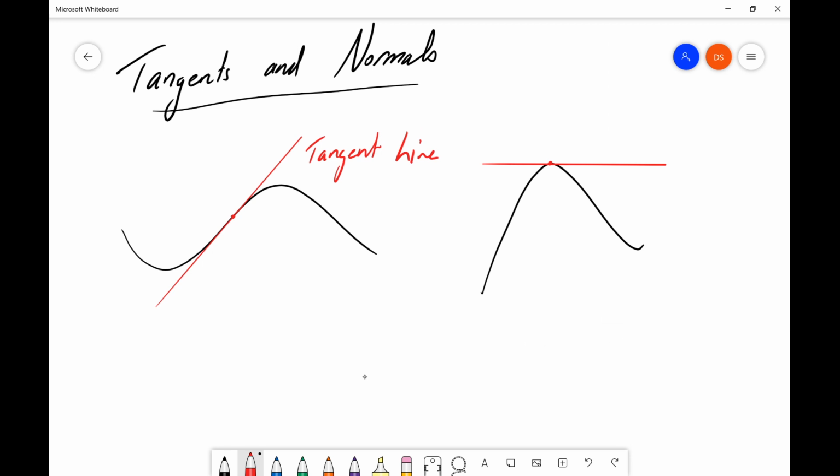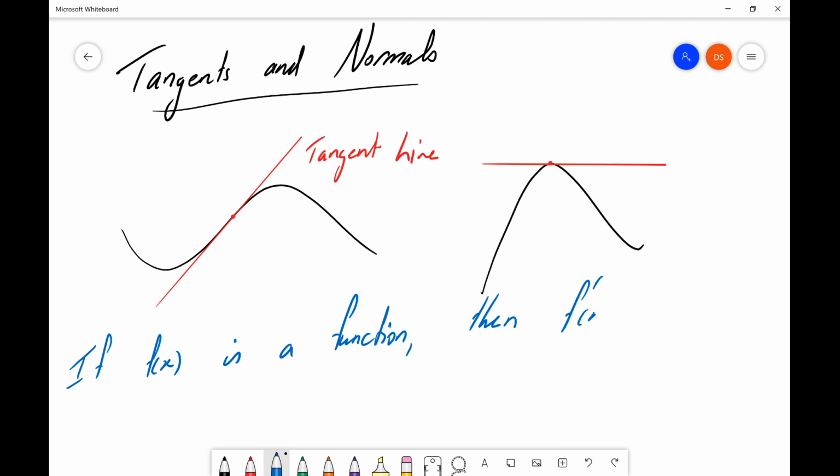Well, if I have f of x as a function, then f dash of x is a function of its gradient.